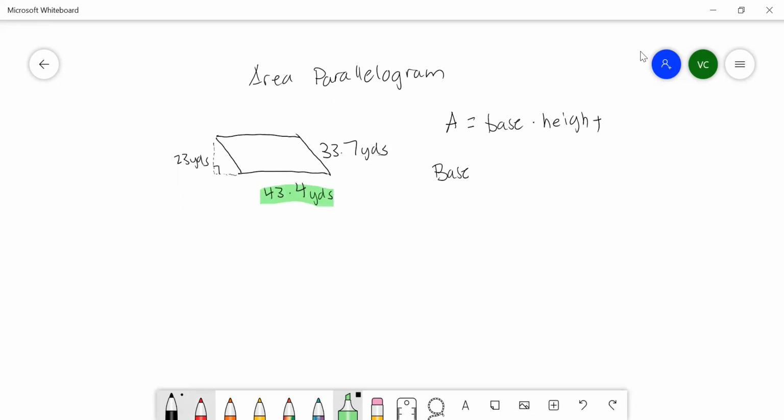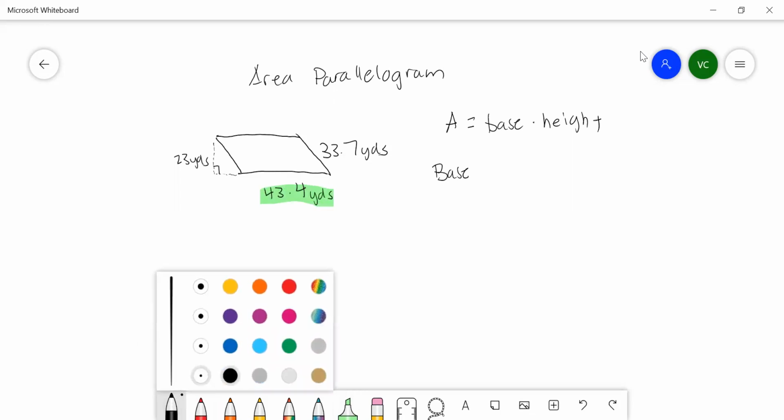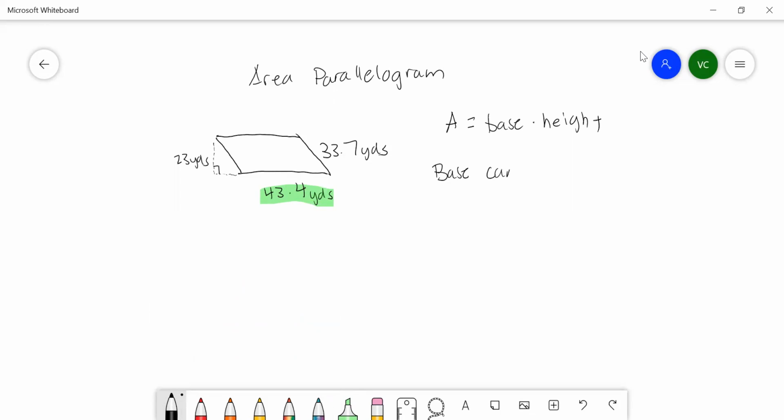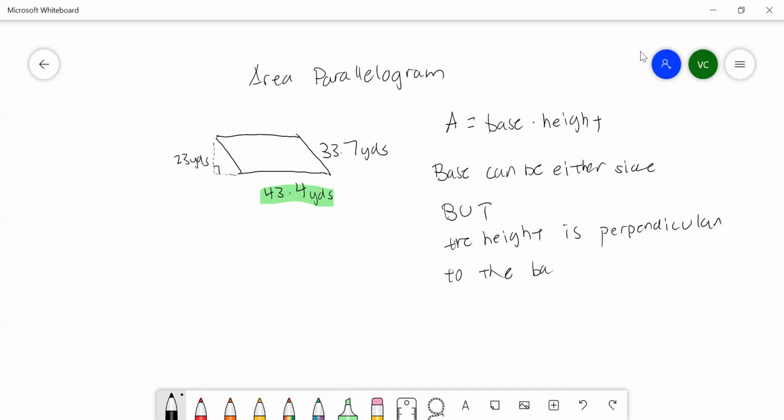And the reason why, so I'm going to first say base can be either side, but the height is perpendicular to the base.